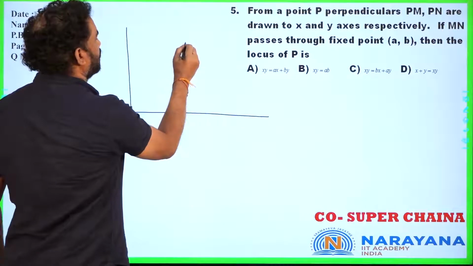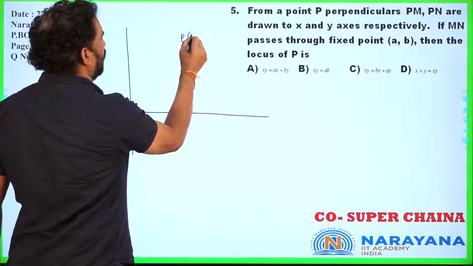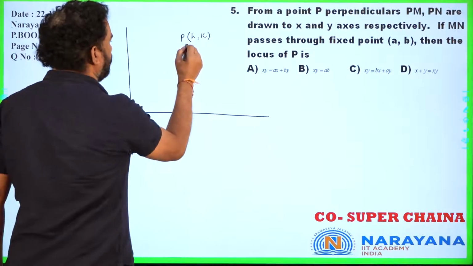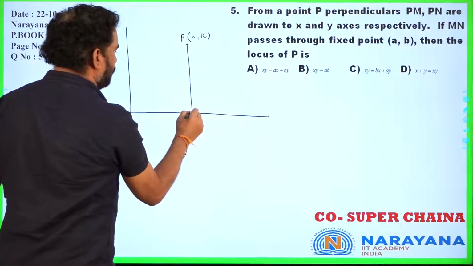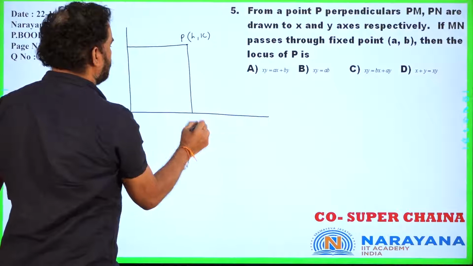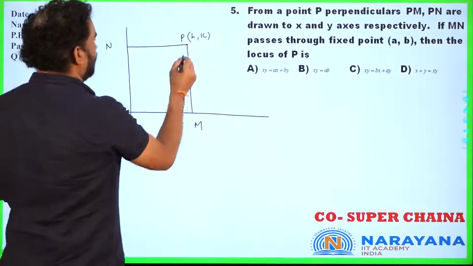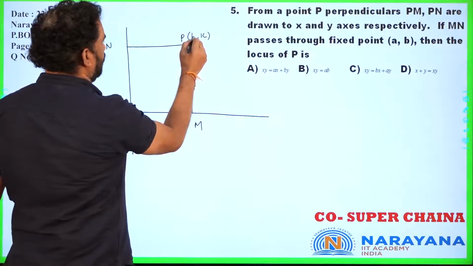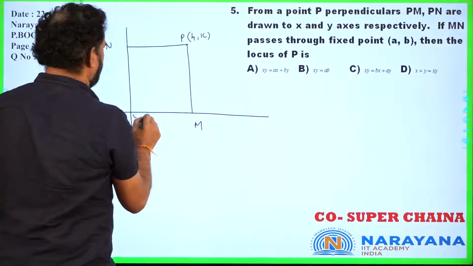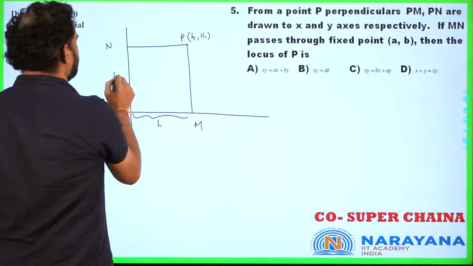A point P in the Cartesian plane, take it as some h comma k. So PM, PN. This is M, this is N. You know very well that if perpendiculars are drawn, this length would be the x coordinate h, and this is k.